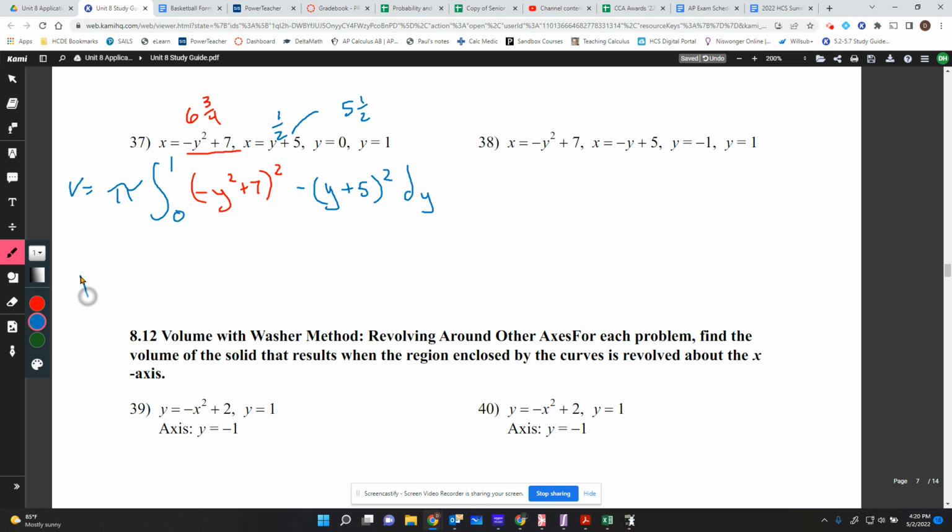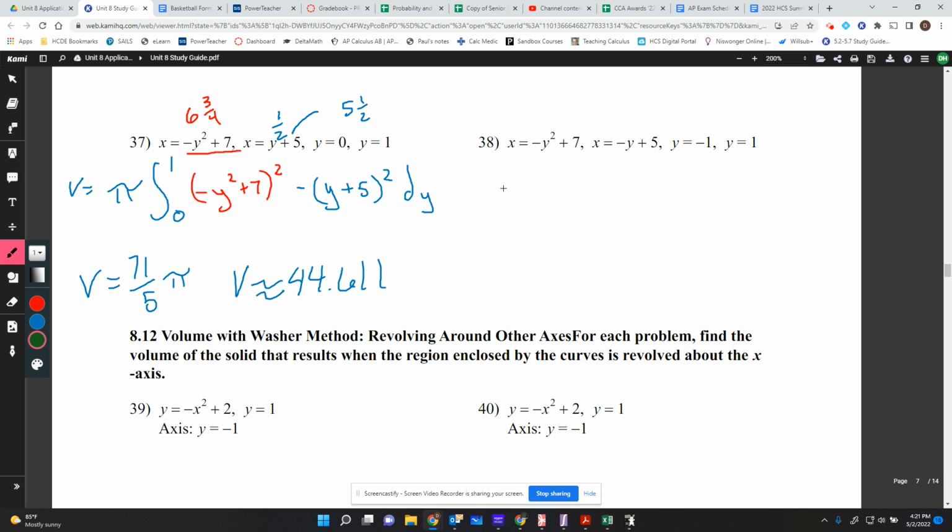If you don't put the pi in there and like to have it afterward, it'd be 71 over 5 pi, or it's about 44.611. Remember, those bounds are y values, and we're checking to see where it's greater in that range, and that's going to be the first one.